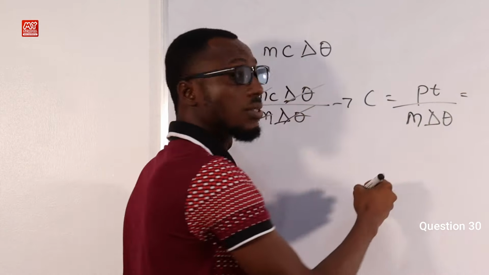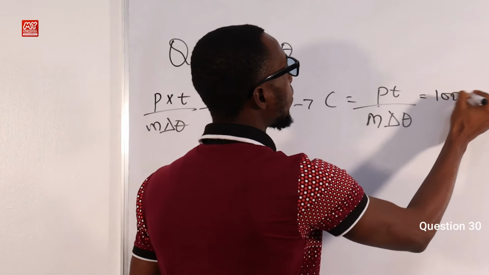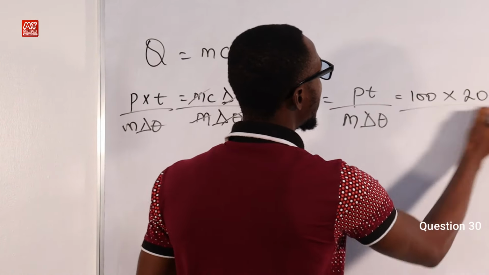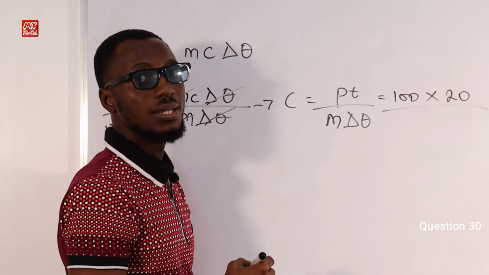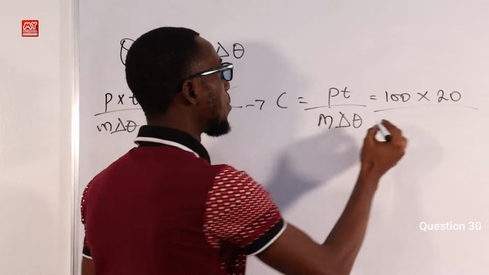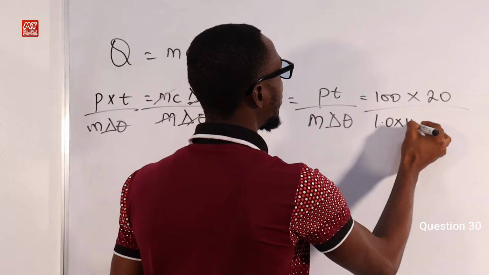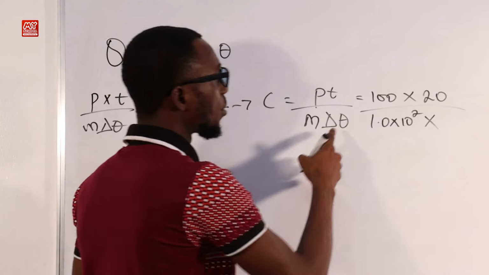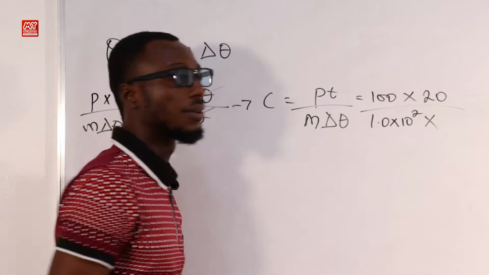We are given power as 100 watts from the question for 20 seconds. Then we have the mass as 1.0 times 10 raised to the power minus 2, and the temperature rises by 5 degrees Celsius.